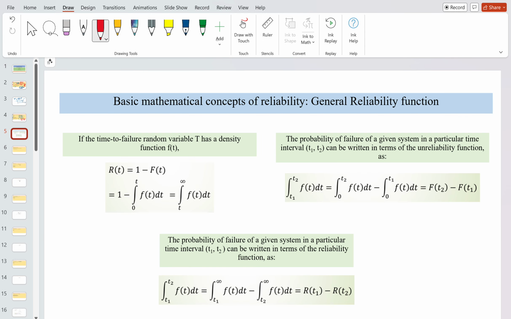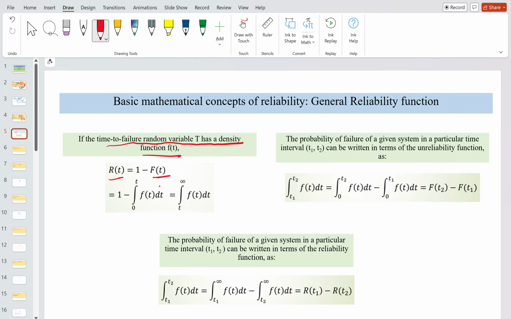Here is some mathematical concept which is already given in the presentation slides from the professor. I just wanted to give a glimpse. If you see, the time to failure random variable T has a density function f(t). So you can say this is a function of the failure rate, and reliability is 1 minus F(t).